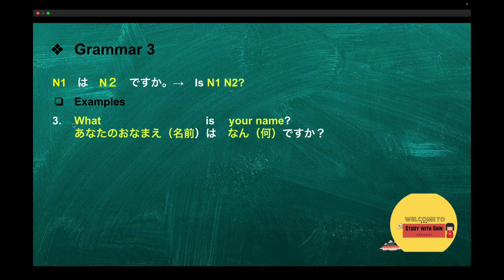In English you say "what" as the first word in the sentence, but in Japanese, what is in the middle, after the wa. Nan means what. お名前 is the first word, so it's the opposite of English grammatical structure.